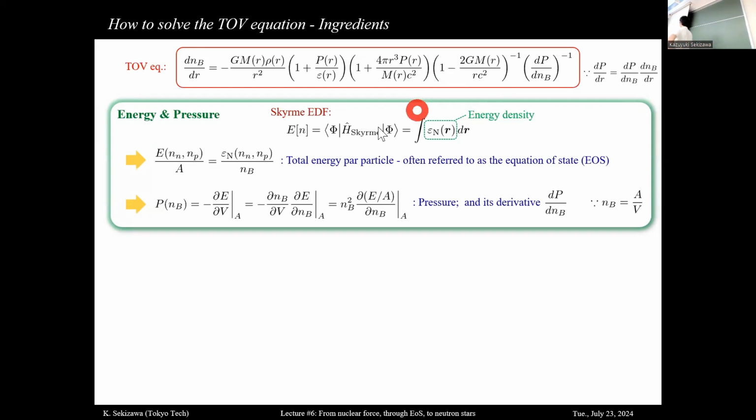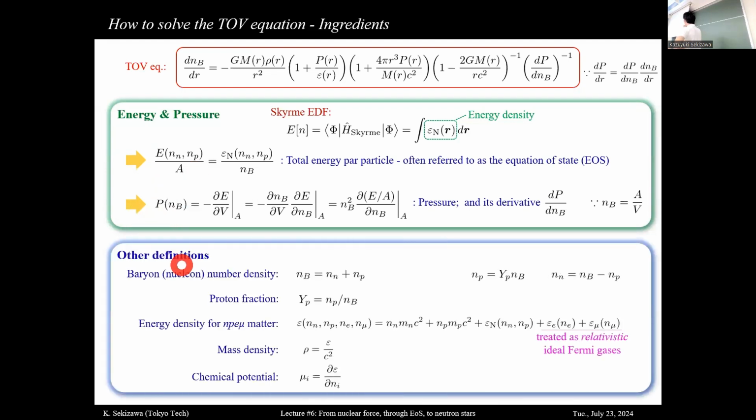So we can use the same parameter set that was used to describe finite nuclei and nuclear reactions, and so on. And we can calculate the energy and the pressure and solve the TOV equation.